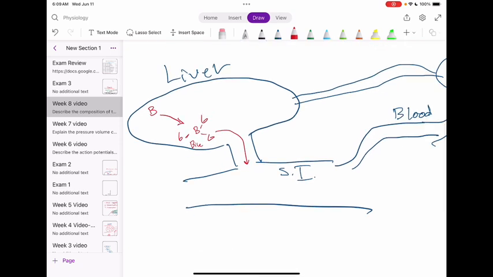and gets turned from the conjugated bilirubin to urobilinogen.